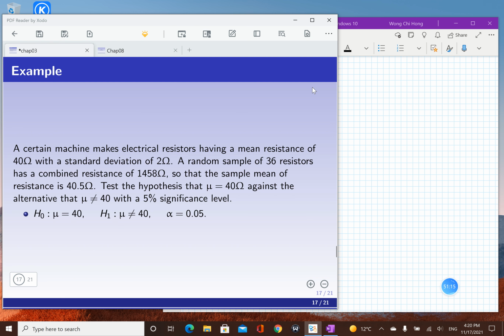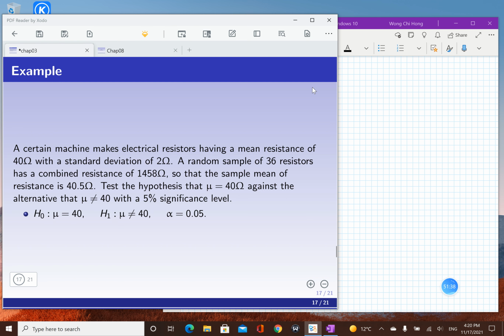Okay, so they collect a random sample of 36 resistors. Again, random sample. You don't want to collect your resistors from the same box, basically. You want to pick them randomly from different production lines, or from different people, maybe different days in the week.